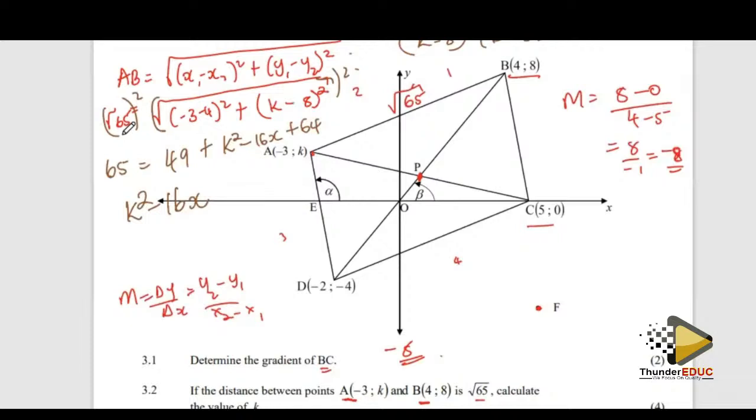When I subtract 65, I'm getting a 48. I can factorize that out, or I can use my quadratic formula. So which numbers for 48? I can use 12 and 4. I can say K minus 12, then K minus 4 is equal to 0. So either K is 12 or K is 4.